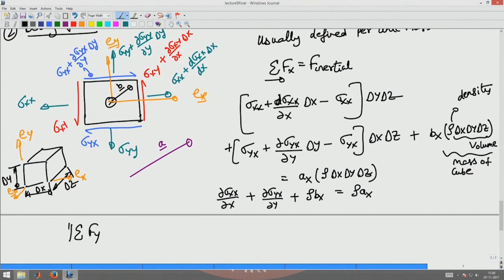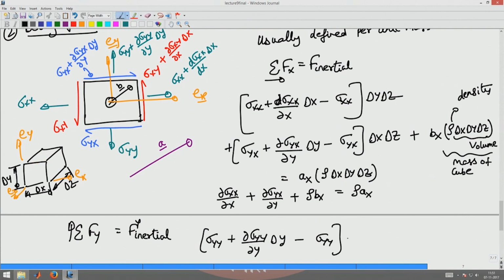Okay. Following a similar approach for the same cube, I am going to write the equilibrium equation along the y direction, equal to Fy inertial force. Here the forces that are going to contribute are sigma yy and sigma xy. Okay. So I will get sigma yy plus dou sigma yy by dou y into delta y minus sigma yy into the area over which it acts, which will be delta x delta z, because this is the area on which sigma yy acts.